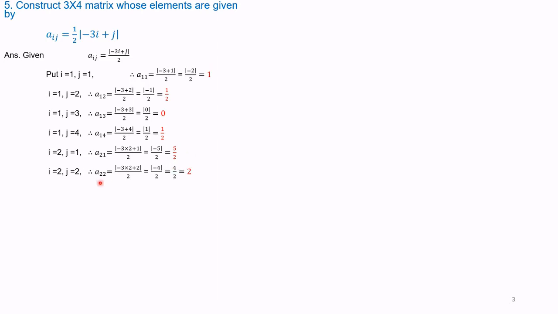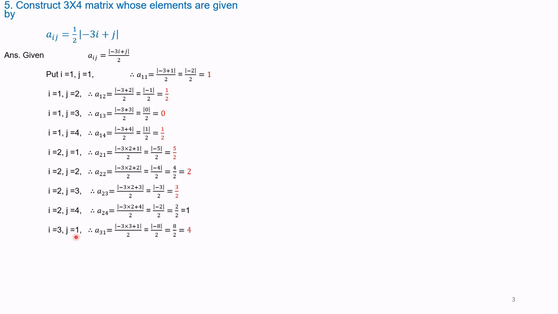For A22, the value is 2. For A23, the value is 3 by 2. For A24, the value is 1. For A31, the value of the element is 4.